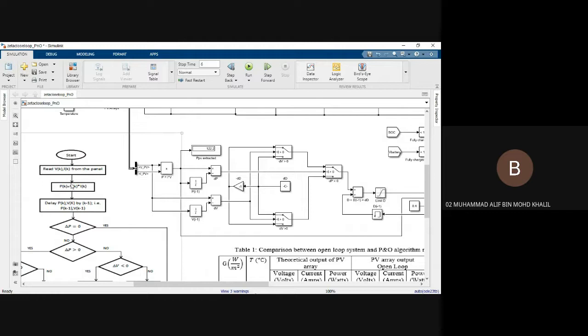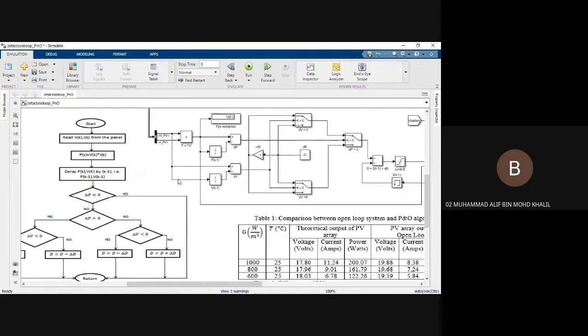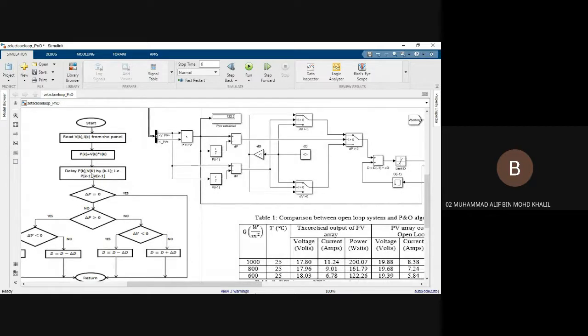I put the unit delay here to get the previous iteration, so we get P(i-1) and P. Then we get the delta P, which is the difference between these two.